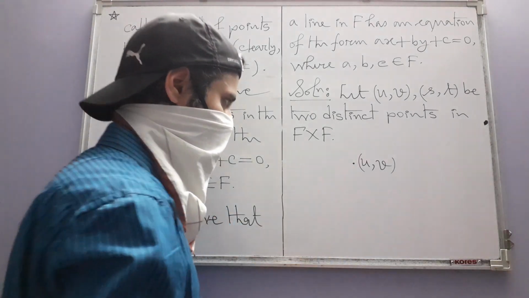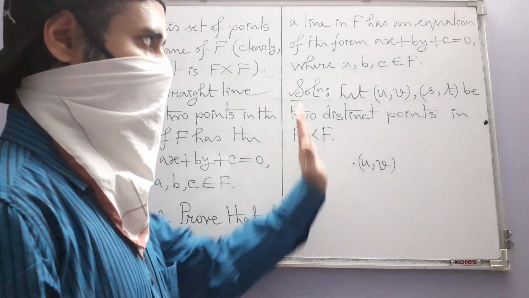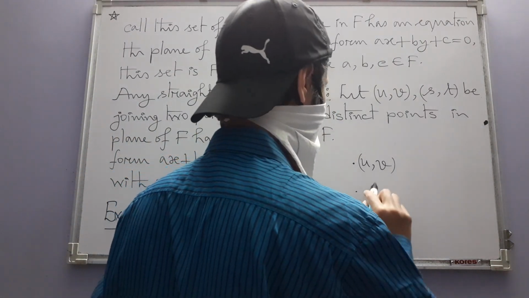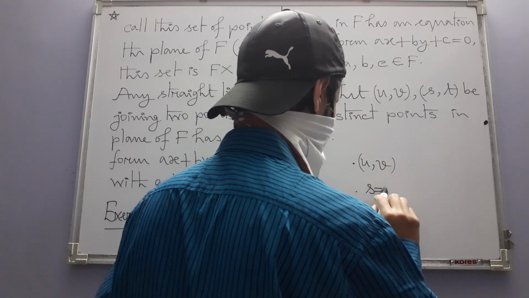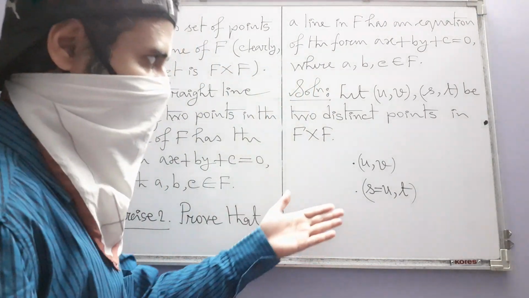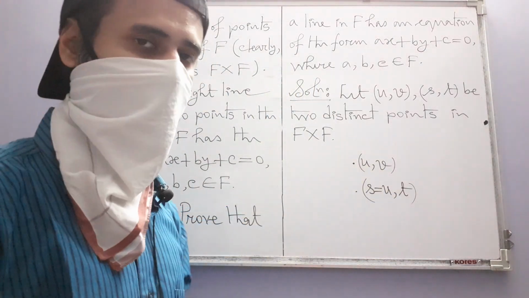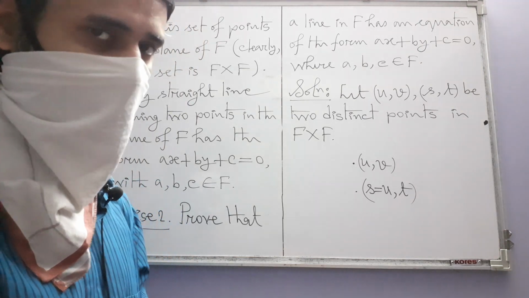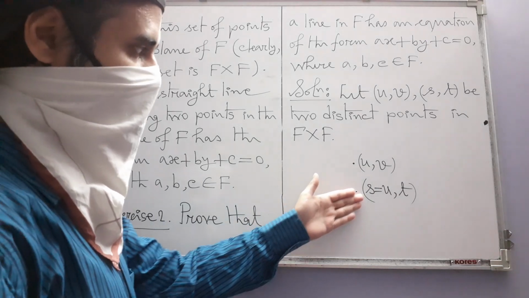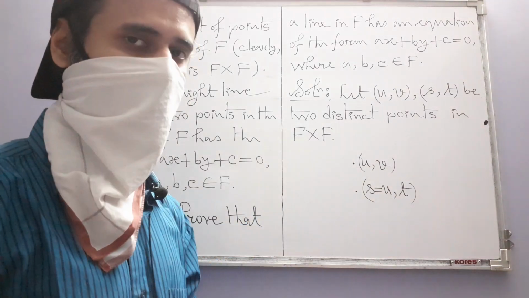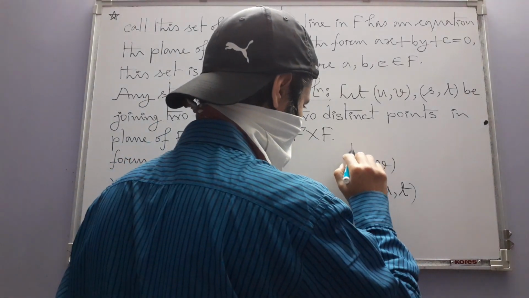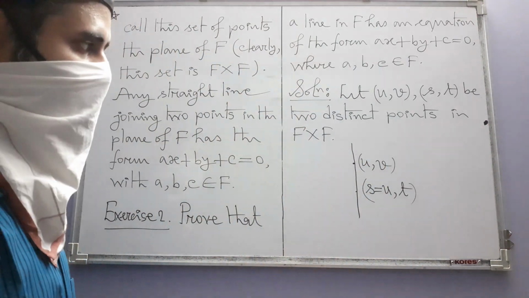That means these 2 points will lie on a vertical line. But because they are given to be distinct, v and t have to be different. Here we have drawn the points in such a way that v is greater than t. The opposite can also happen. So the straight line will be like this.